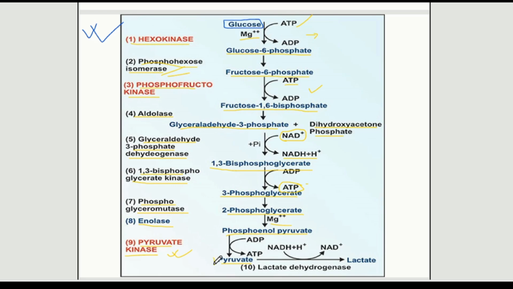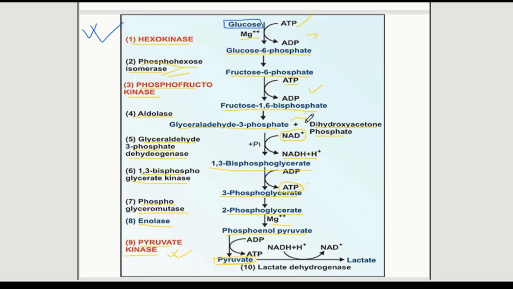That is the end product of our glycolysis pathway, pyruvate. So we are getting glyceraldehyde 3-phosphate and dihydroxyacetone phosphate. From one molecule of glyceraldehyde 3-phosphate we are getting pyruvate, and dihydroxyacetone phosphate can be further converted into glyceraldehyde 3-phosphate.